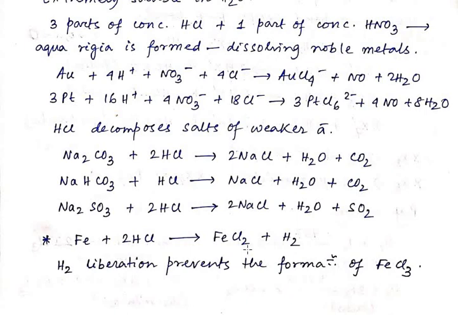But if I synthesize the FeCl2 in this way, when the iron reacts with the HCl, then FeCl2 forms along with the hydrogen, and at that time the FeCl2 cannot be oxidized to FeCl3, because the hydrogen is liberated here, and hydrogen liberation prevents the formation of the FeCl3.